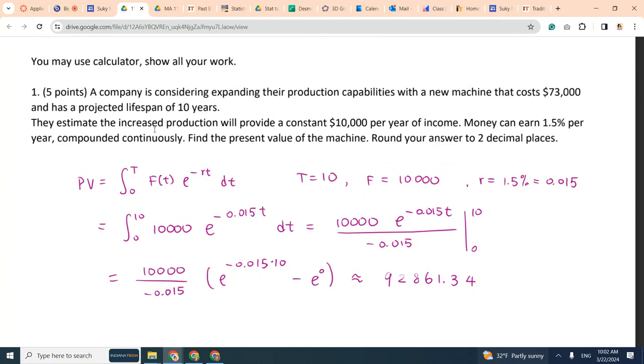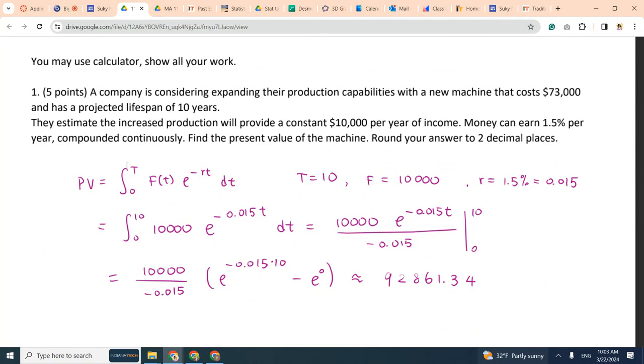They estimate the increased production will provide a constant $10,000 per year of income. Money can earn 1.5% per year, compounded continuously. Find the present value of the machine and round your answer to 2 decimal places.